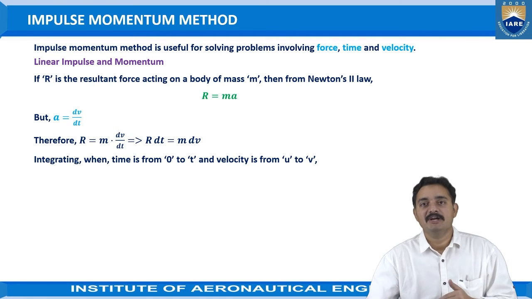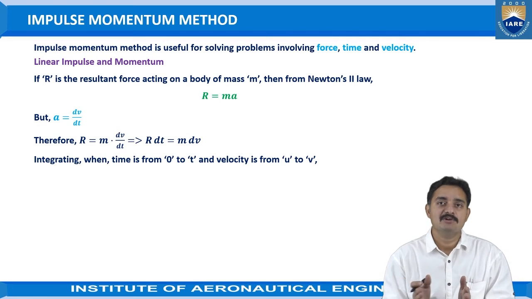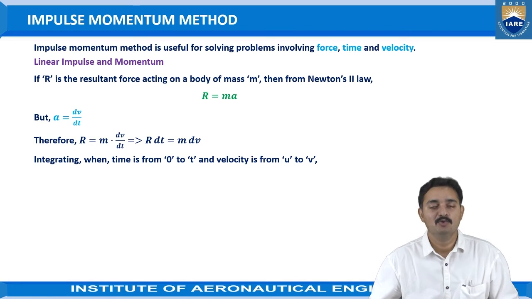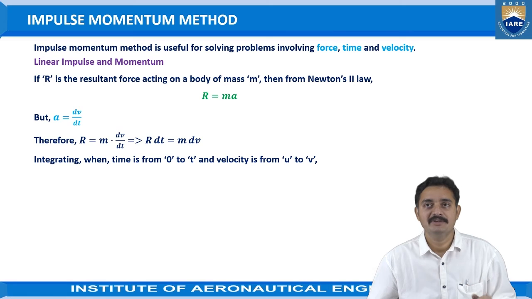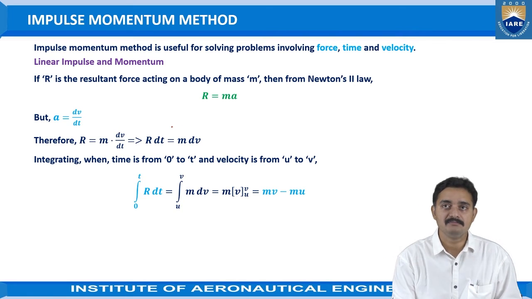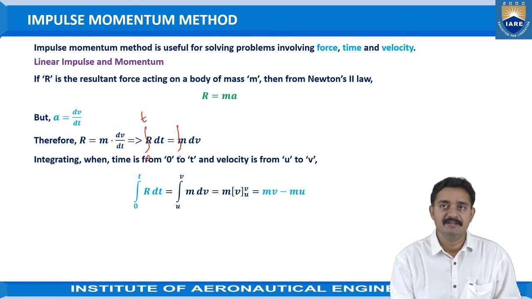So now what we are doing, we are taking the summation of all these situations. From 0 to t as the time we are considering and the velocities u to v, if we are going to integrate the above equation, then we are going to achieve integral 0 to t and integral u to v.